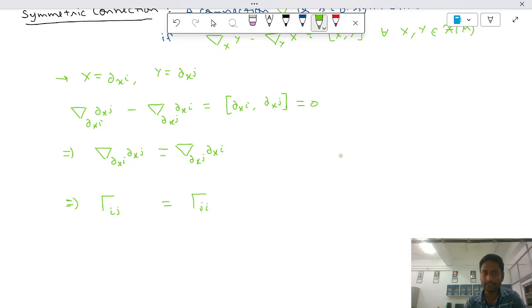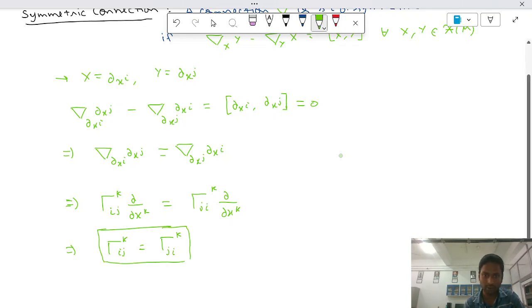So these are the coefficients and there will be some basis vector, and the sum will run over some index, that is k. Similarly, here also you have this sum. Okay. So this means that simply your Christoffel symbols, these ij and ji, are equal.